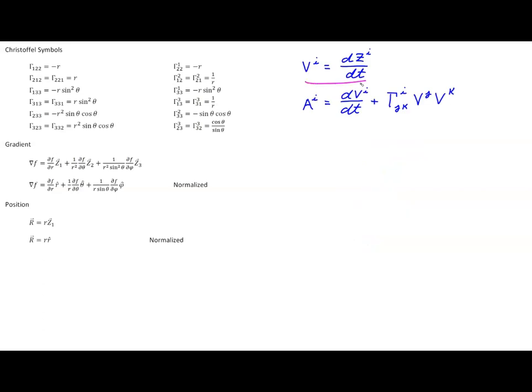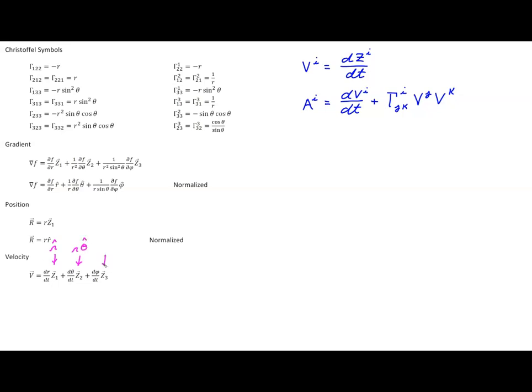Velocity is just the time derivative of each of our coordinate values one by one, so that's easy. This is the value for velocity. The time derivatives of our coordinate values here forming a linear combination. Very straightforward. Okay, now to normalize this, we recognize that z1 is a unit vector, so we can replace it with r hat. z2 has a magnitude of r, so this will be r theta hat.